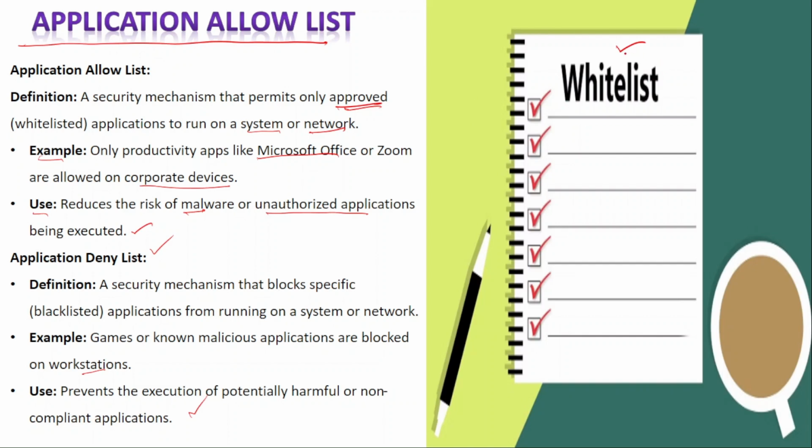The whitelist is more secure, because there are hundreds of thousands of applications. If you only allow, let's suppose, Office and Zoom, and blacklist all other applications, you are more secure.